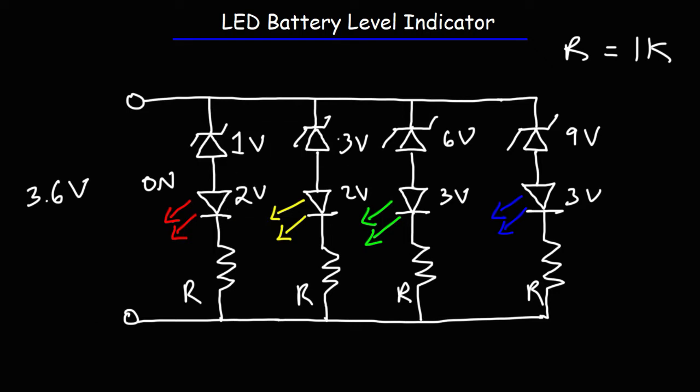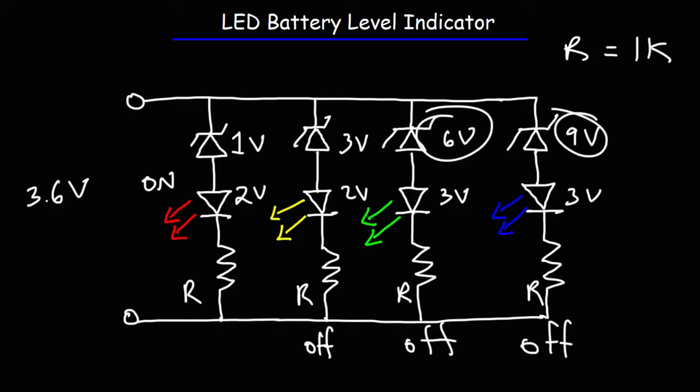As for the yellow LED, the voltage drop is at least 5 volts. So 3.6 volts is not enough to power the yellow LED. So therefore the yellow LED will be off. And every other LED will be off as well because the voltage drop is higher due to the Zener diodes. So applying the 3.6 volt battery to the circuit, only the red LED will be on.